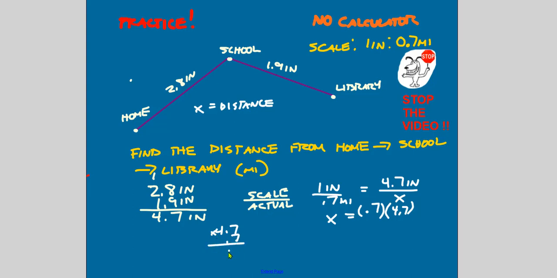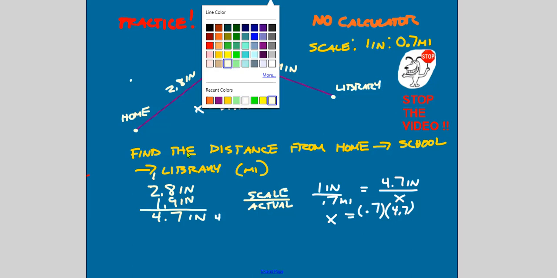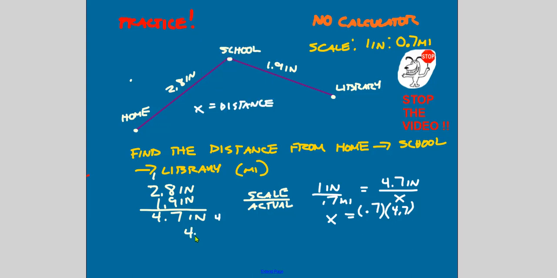So aligning the rightmost digits up, 7 times 7 is 49, carry the 4. 4 times 7 is 28, plus 4 is 32. Move the decimal point. I don't know why I have a mark there, I shouldn't. Let's just do that again. So I got 4.7 times 0.7.